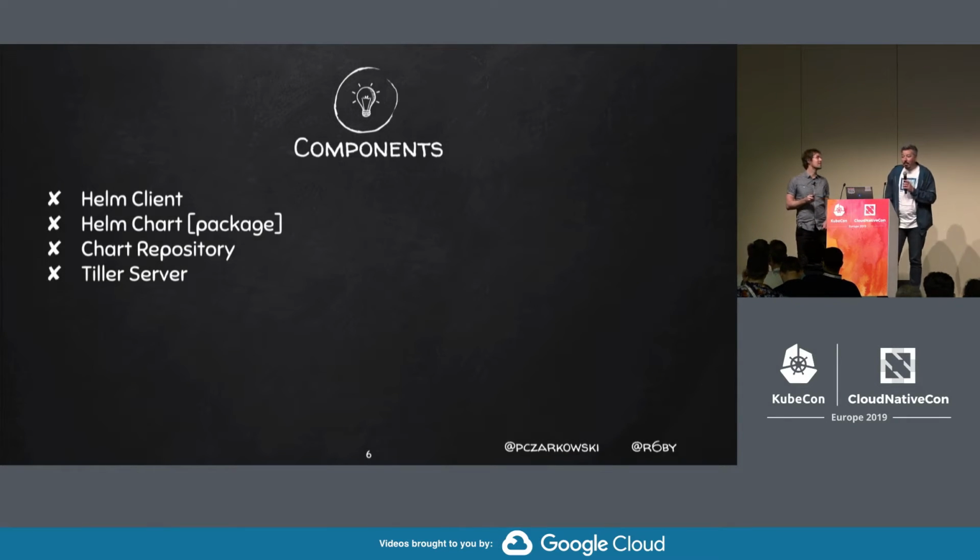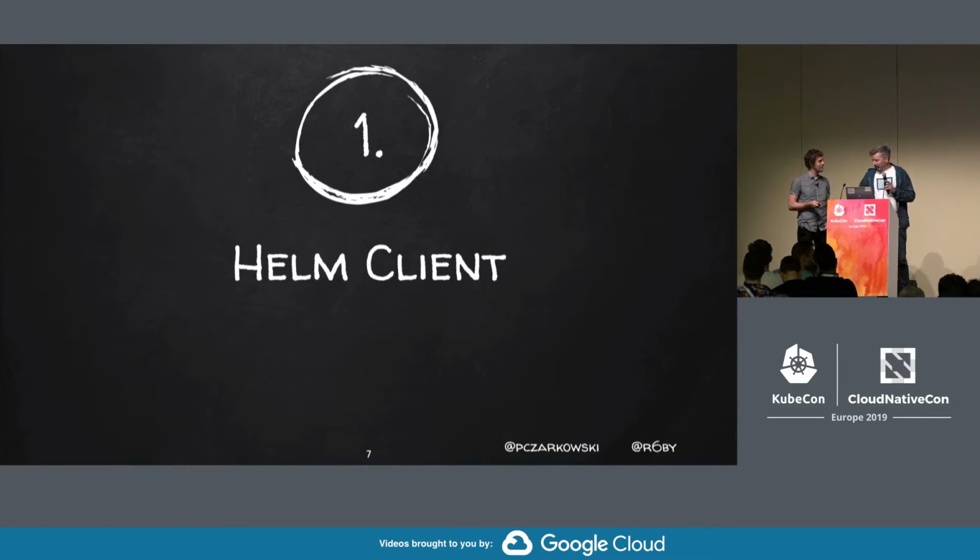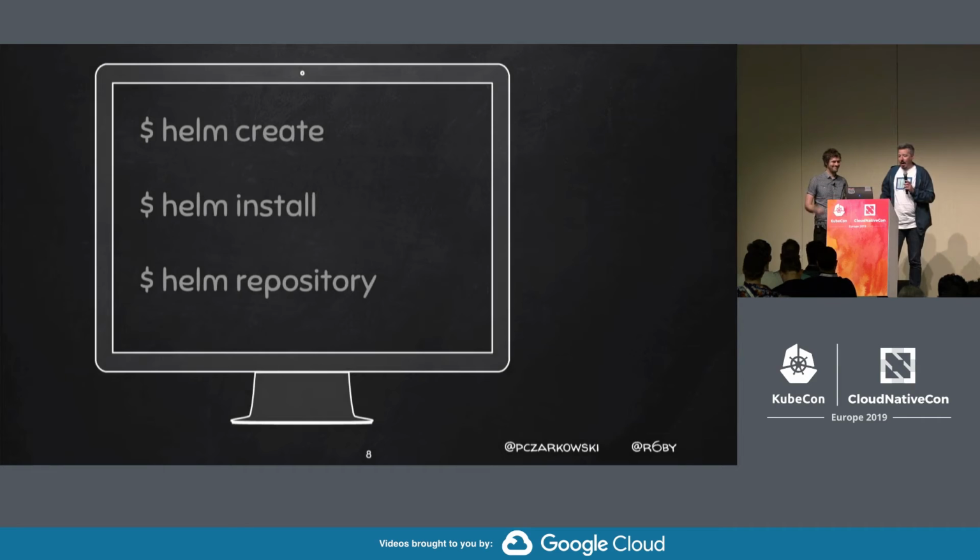So there are 4 main components of Helm, and we thought we'd quickly go through them, as that'll help set the stage for the security concerns about each one as we go through. So obviously we have the Helm client. And it's basically just how you interact with Helm, right?